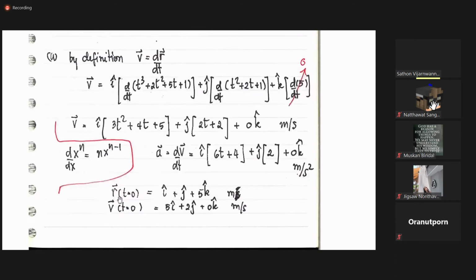So that is the initial position: 1i, 1j and 5k. And for the initial velocity, we plug in t equal to 0, and v equal to 5i plus 2j plus 0k. So it has some direction in the x and y axes.